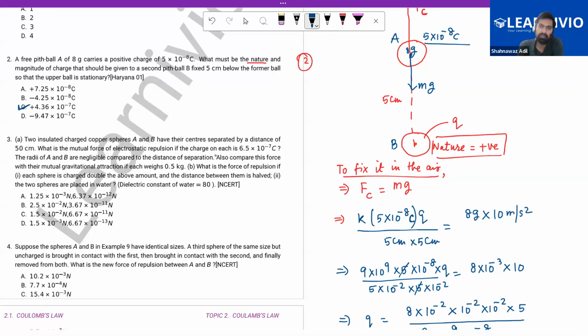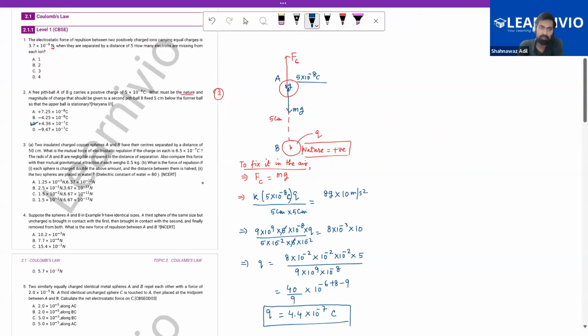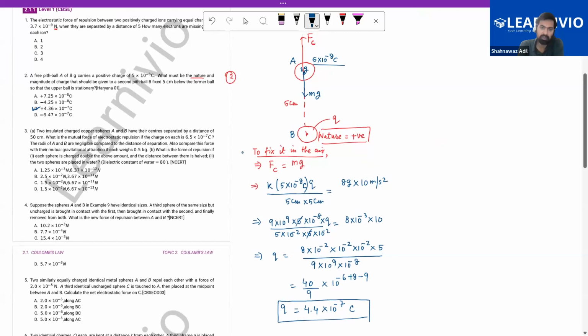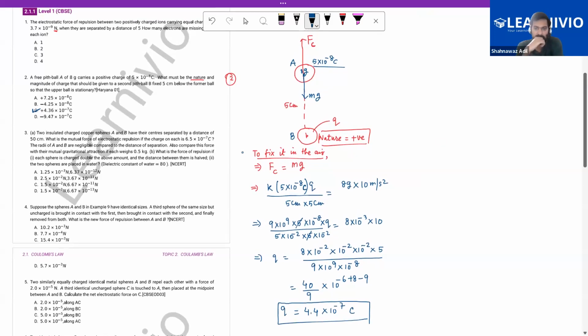Is it clear? No. Yeah, then please note this one. Please note down this question. And if you guys have any doubt, please tell me. So this would be paused, right?